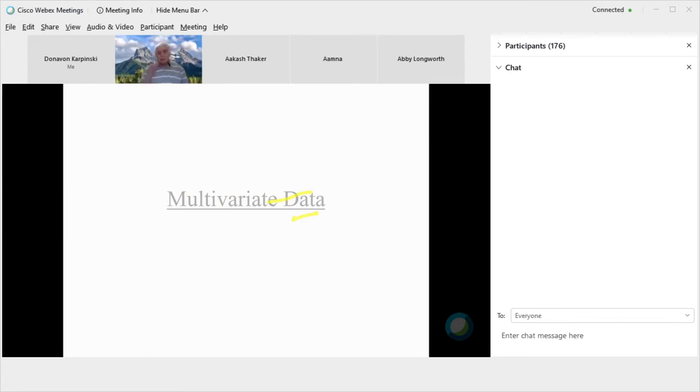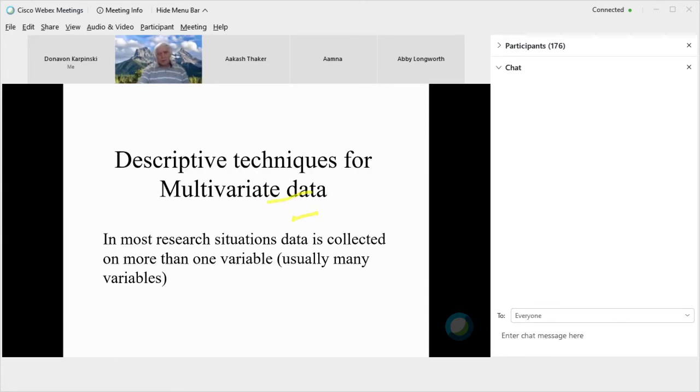The next topic we'll look at is multivariate. We'll look at descriptive techniques for multivariate data.